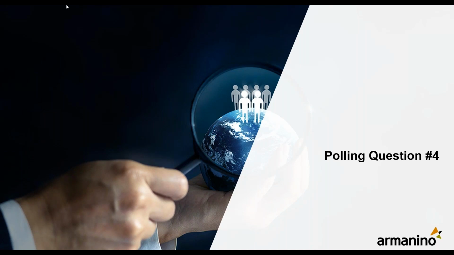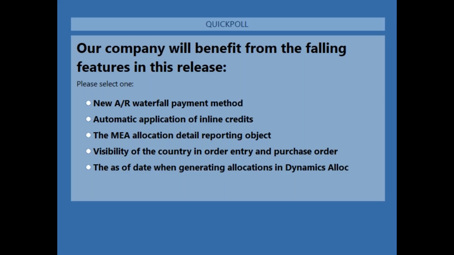All right, okay, polling question number 4, last one of the webinar. Our company will benefit from the following features in this release. Sorry, that should say following, shouldn't it, guys?